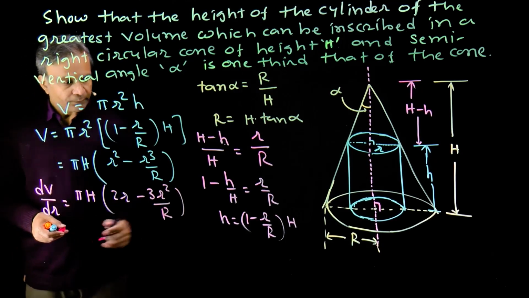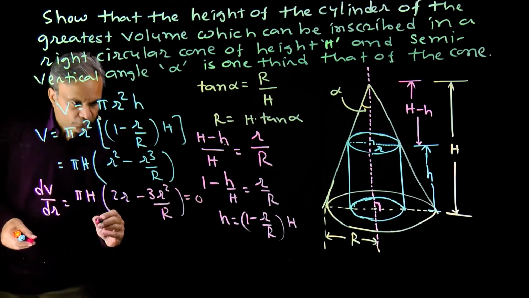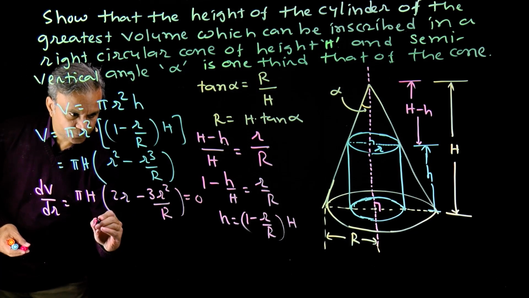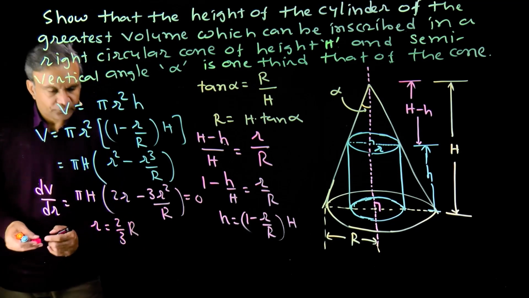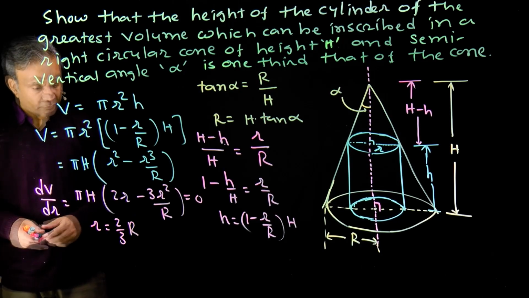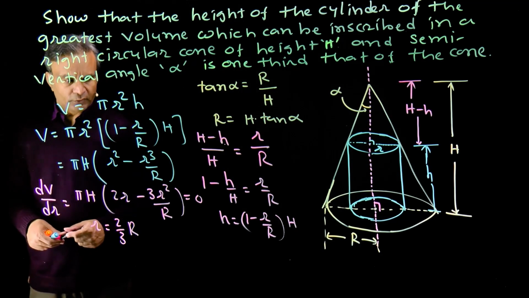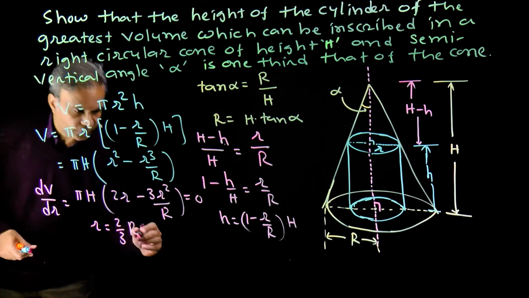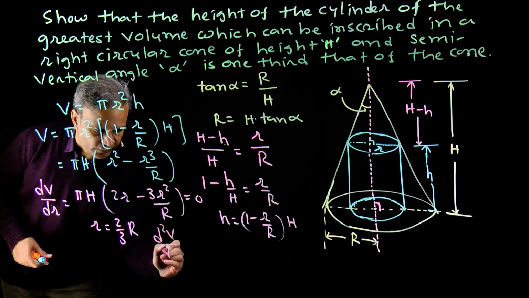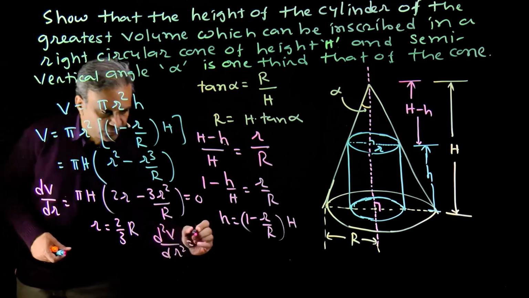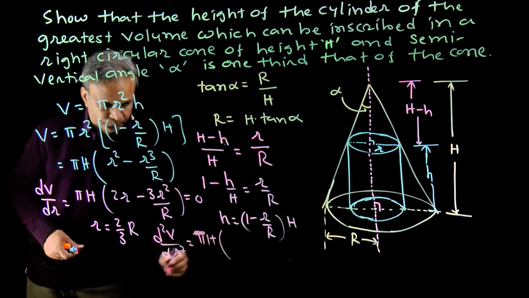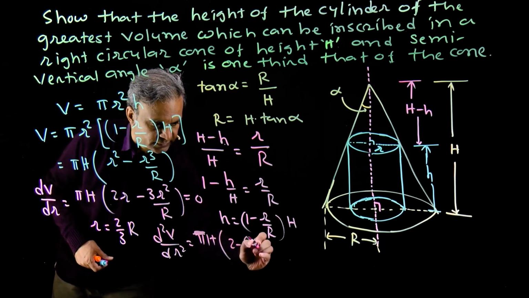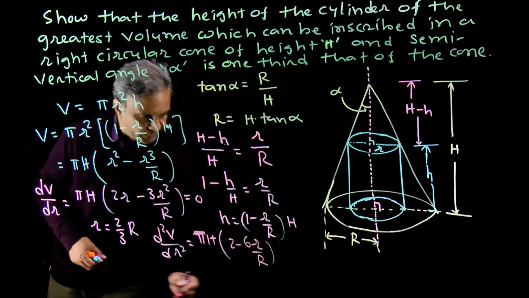Okay, compare derivative to 0, we get r is equal to 2 upon 3 multiplied by capital R. Now we have to confirm that this is a point of maxima. We can take help of the second derivative. Second derivative d square V over dr square will be pi h multiplied by (2 minus 6r over capital R).